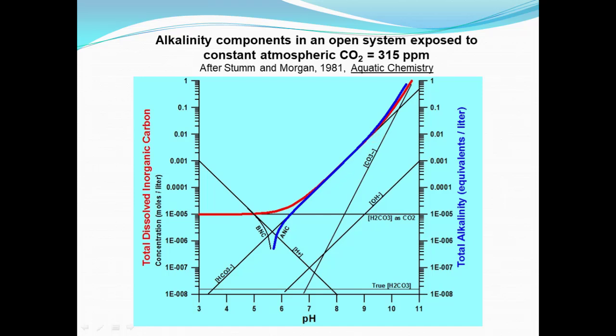As alkalinity goes up, it draws in the carbon in the form of CO2, gets dissolved in the water and goes into the various components like carbonate and bicarbonate. So the red line shows the increase of the inorganic carbon that we've been able to take from CO2 gas in the air and put into solution as the alkalinity increases, as we increase the pH.